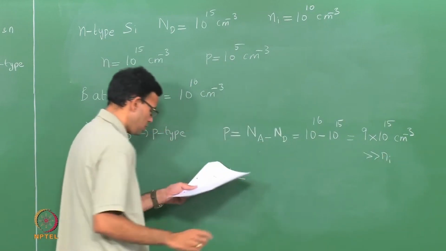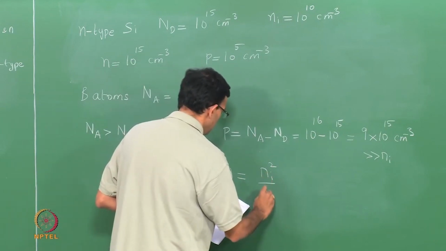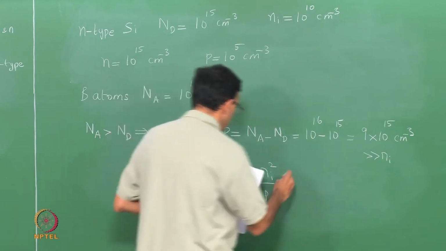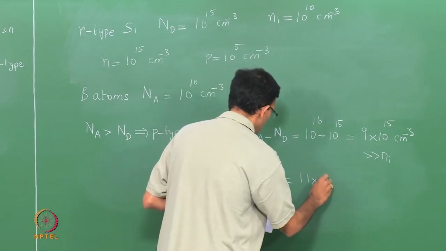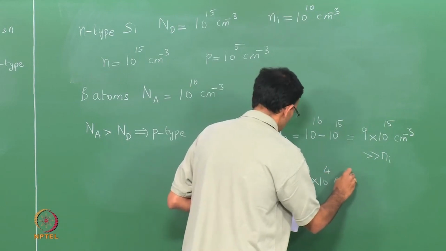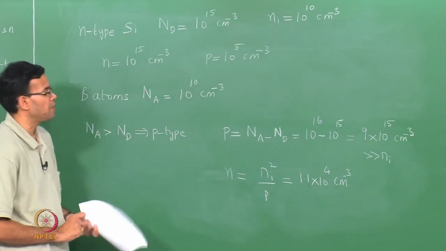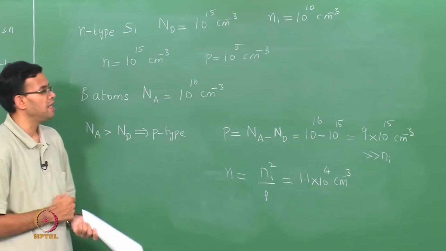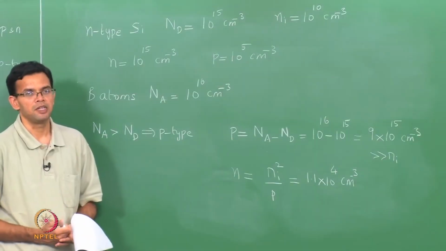Concentration of electrons is now Ni square over P, which is 1 times 10 to the 4 per centimeter cube. So, thus we started out with an n type material, but by preferentially adding acceptors whose concentration is more than the concentration of donors, you have made this material into a p-type material.